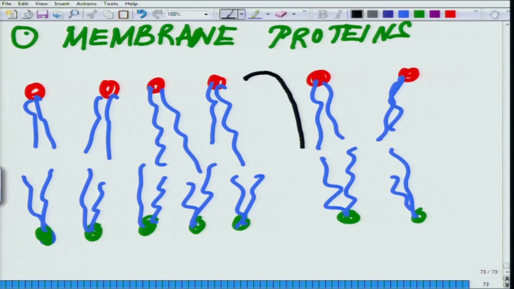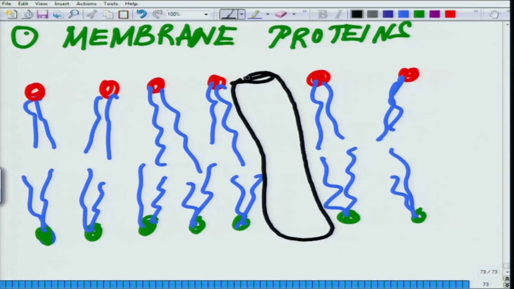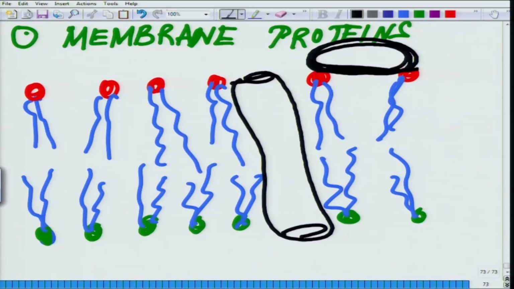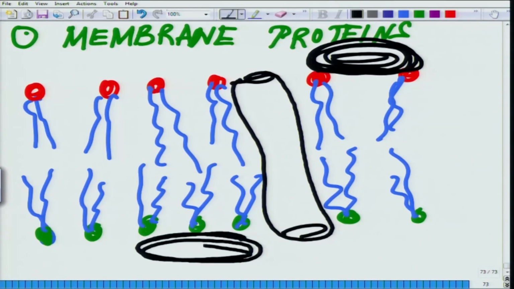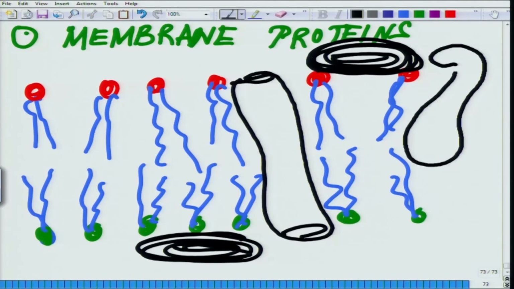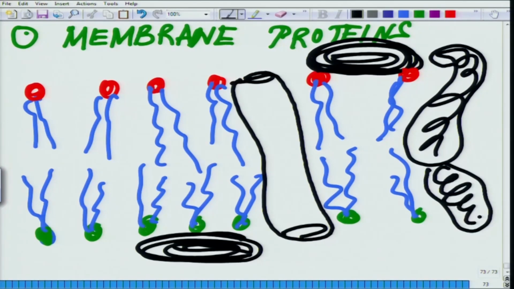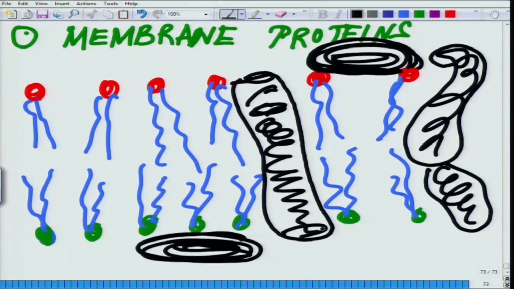Some of the proteins span like this from one side to the other side. Yet there are proteins which sit on top of it like this. It could be on the outer side, it could be on the inner side, in both sides. Yet some of the proteins just have one part attached to another part like this. So, this is how all these different kinds of proteins are sitting all along the membrane structure.